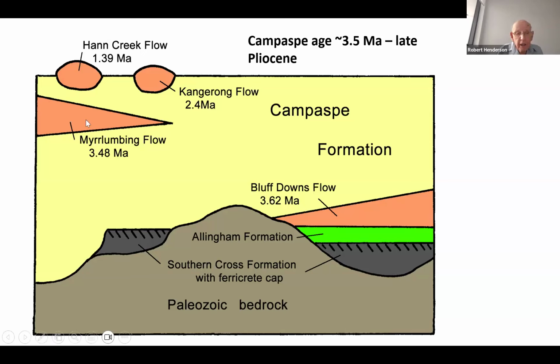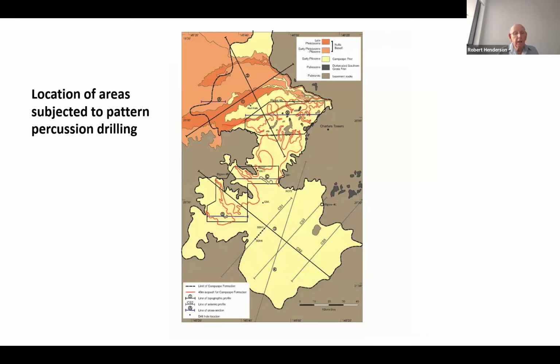There's one that's actually in the Campaspe at about 3.5, and there are a couple of younger ones up here, the oldest of those at about 2.4. So it's pretty clear from this data that the Campaspe age is about 3.5 million years ago, late Pliocene. Okay, it's all a pretty convincing story.